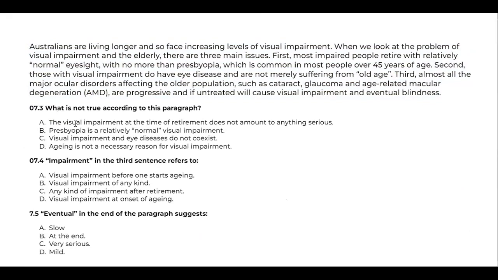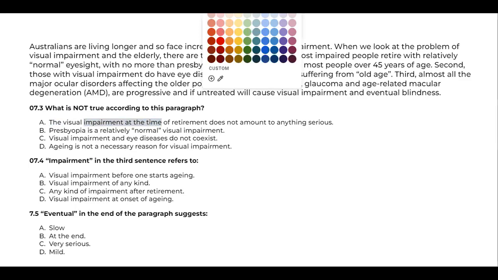First one, what is not true according to this paragraph? So read it, understand it, and answer this one. So you can apply what is not true. Whenever what is not true kind of questions come, what you have to do is eliminate 3 correct answers. So if this is a correct answer, you can eliminate that.